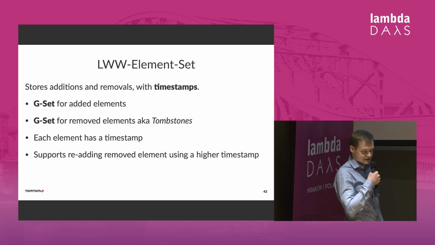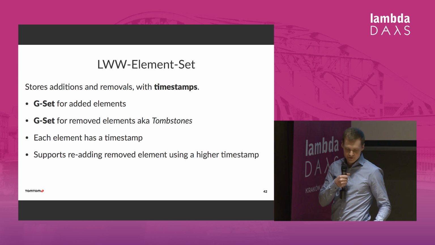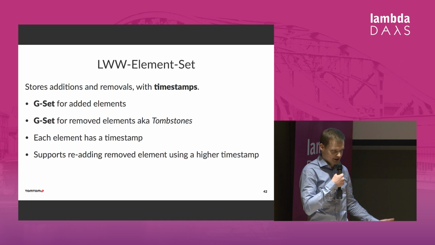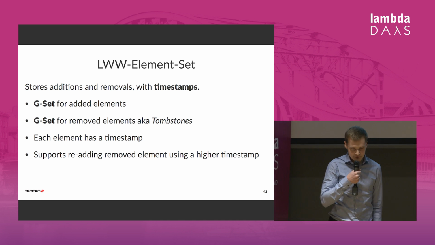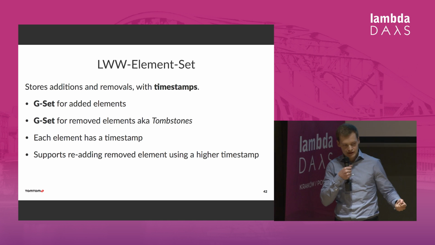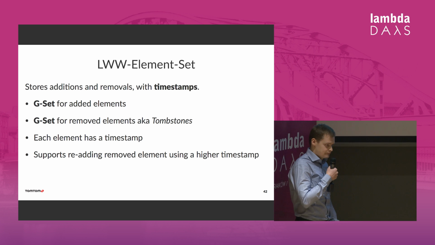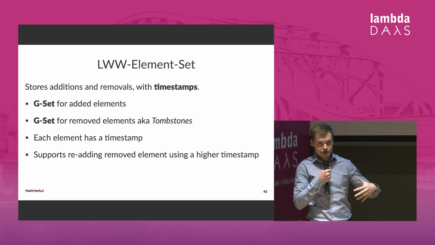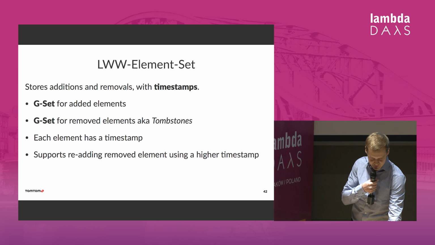In the case of Last-Write-Wins, it's a timestamp associated with every removal or addition operation. Each element has a timestamp. In that case, we can re-add an element that has been removed by just creating an addition operation with a higher timestamp than the one stored in the remove set.